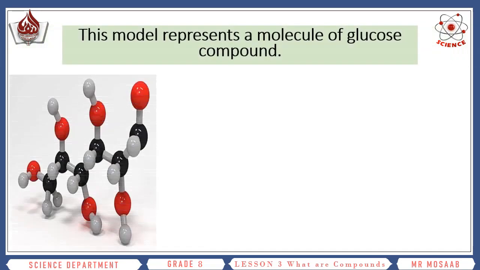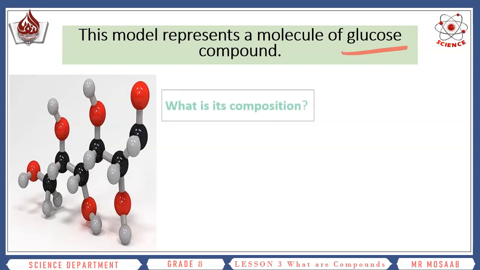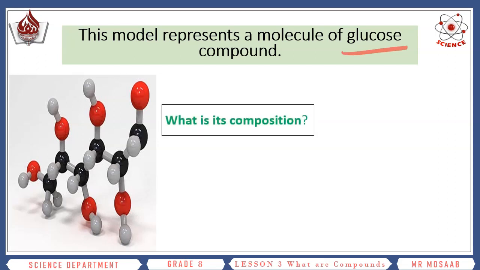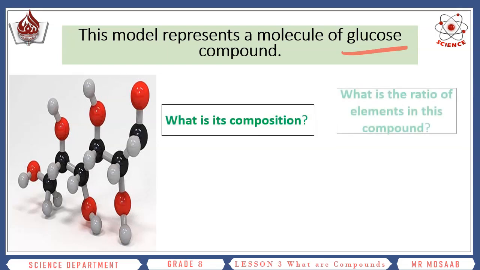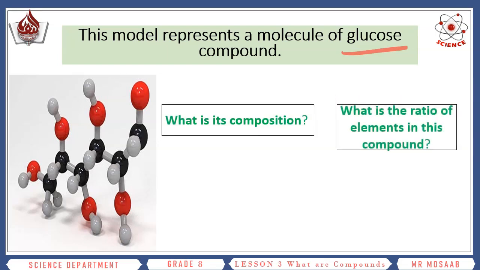This model represents a molecule of the glucose compound. The first question: what is its composition? And what is the ratio of elements in this compound? Let's first start with the composition.